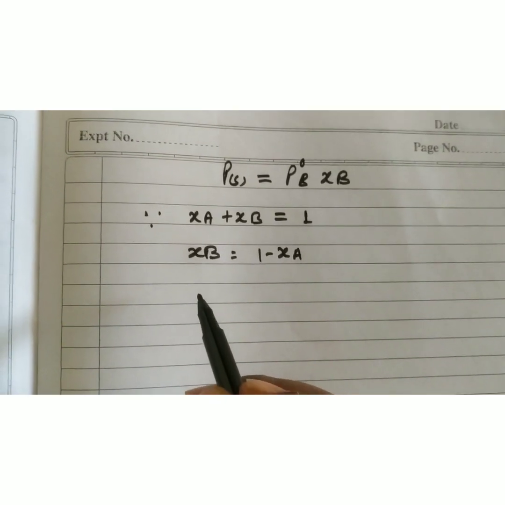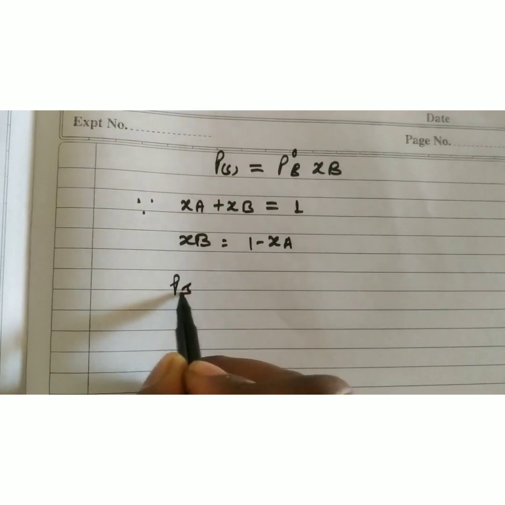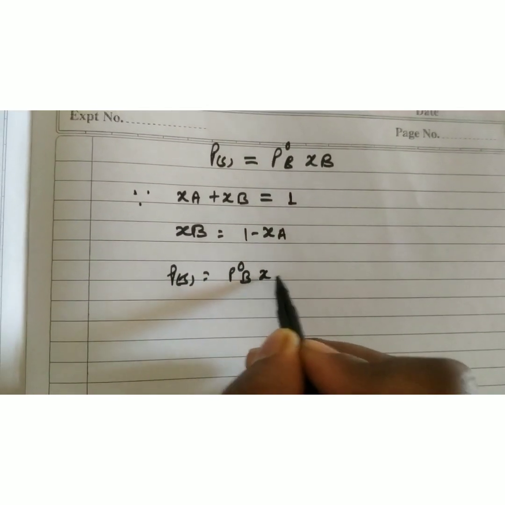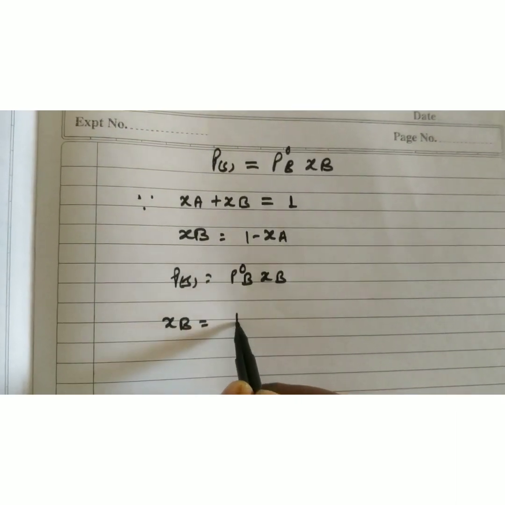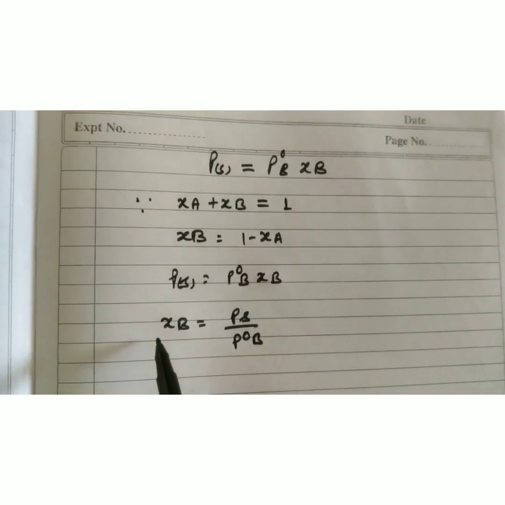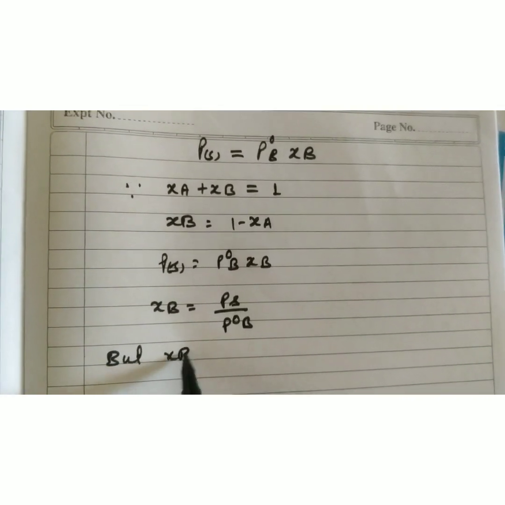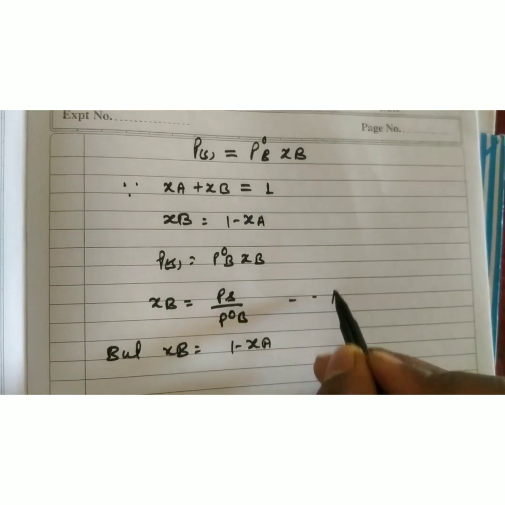So we have PS equals P naught B XB. So XB equals PS divided by P naught B. But XB equals 1 minus XA. This is equation first.